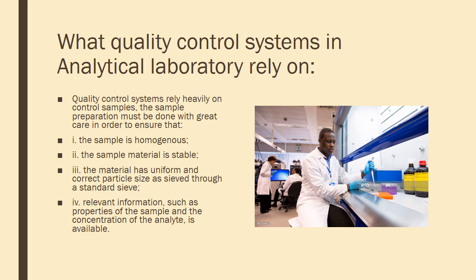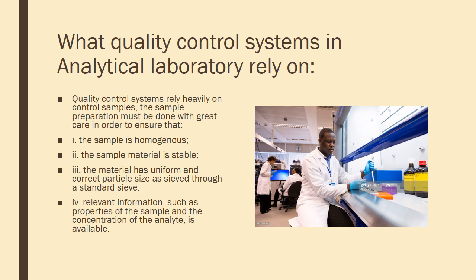Now the material should have a uniform and correct particle size, as sieved through a standard sieve. For instance, if you're analyzing soil particles, you need to pass the samples through a 2 mm sieve, and when that has been done, of course, all the particles are of equal size. Not when you use a 1 mm sieve for one sample and a 2 mm sieve for another.